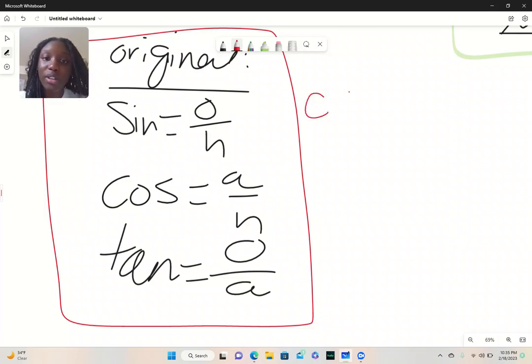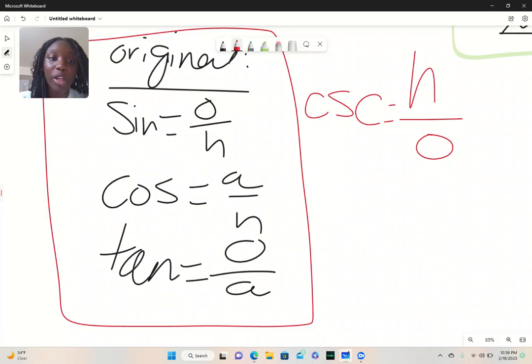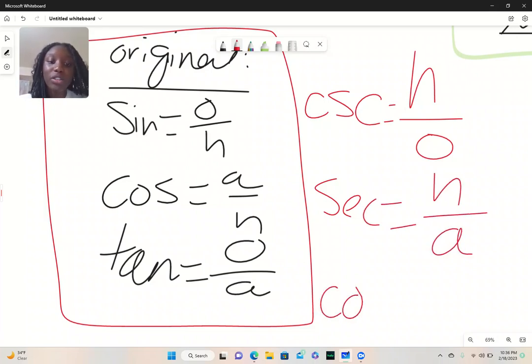So cosecant is going to equal h over o, hypotenuse over opposite, since it is the reciprocal and everything's flipped. Secant is the reciprocal of cosine, and that is going to be h over a. And cotangent is the reciprocal of tangent, and that's going to be a over o.